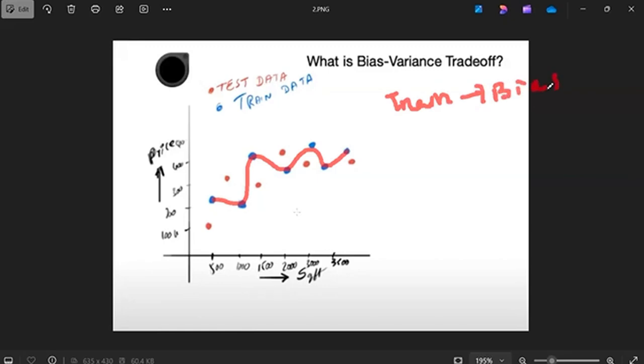Training point you consider as bias, testing point you consider as variance. Are you clear, guys?